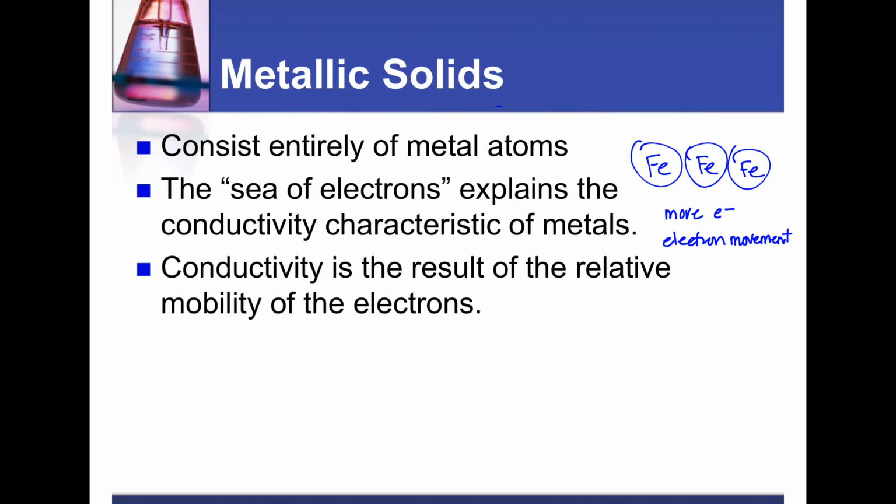There's a lot of different options that the electrons can have. And then one more thing: when we were talking about periodic trends and metallic character, one of the physical properties of a metal is that it's very conductive. Our metals are conductive, meaning that electrons can flow through them.